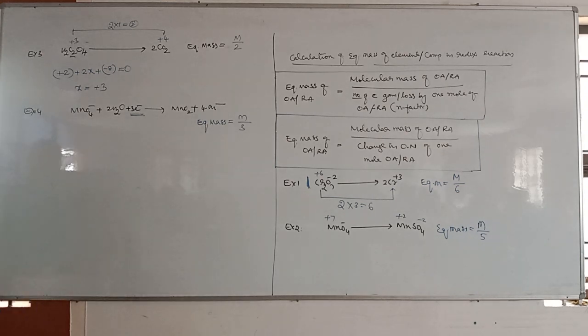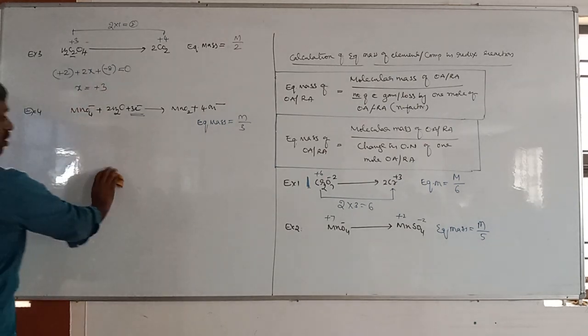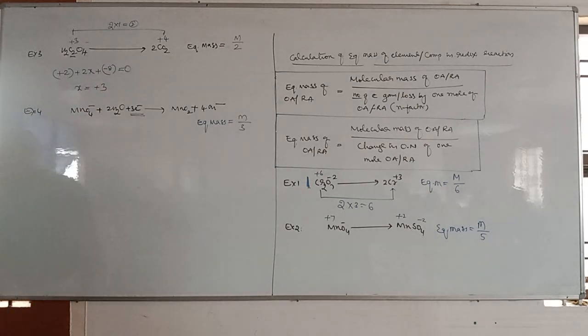Write 2 examples. Calculate the equivalent mass of oxidizing and reducing agents in the following reaction.